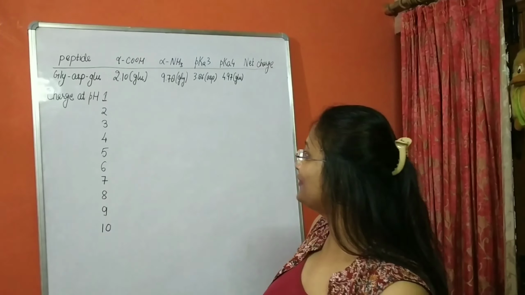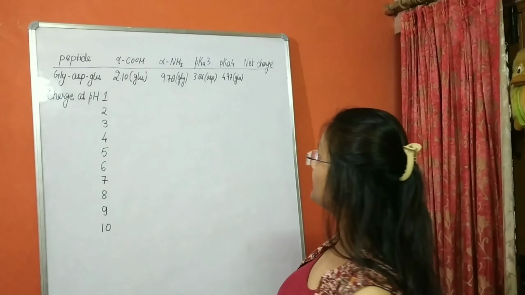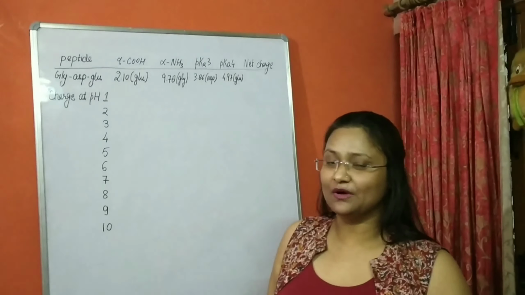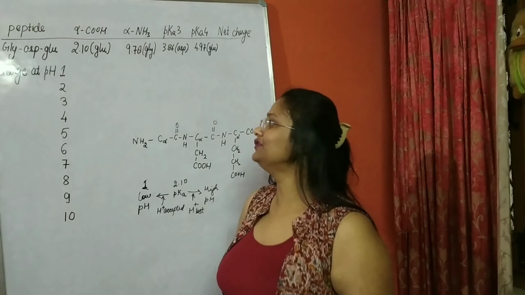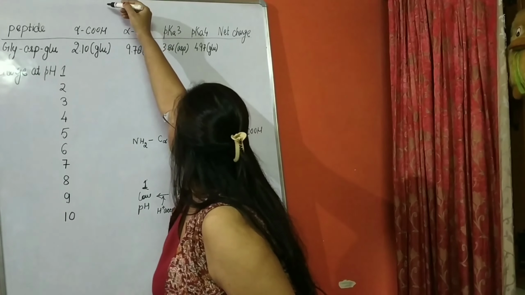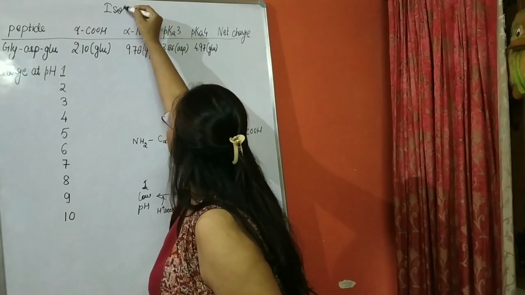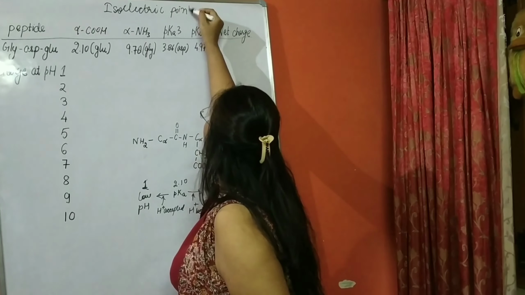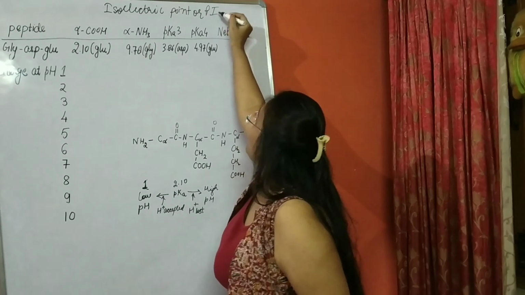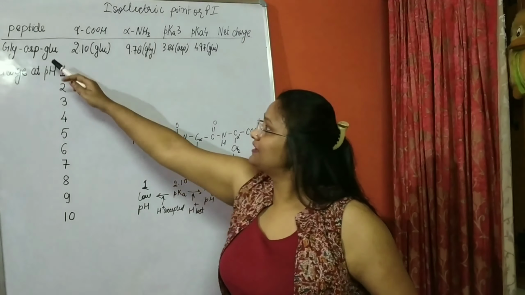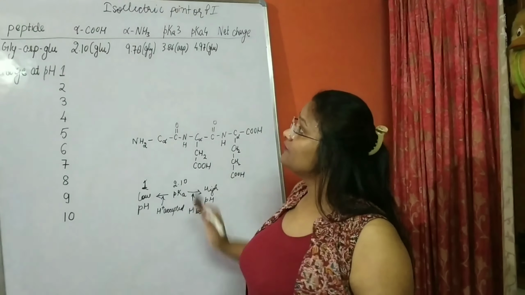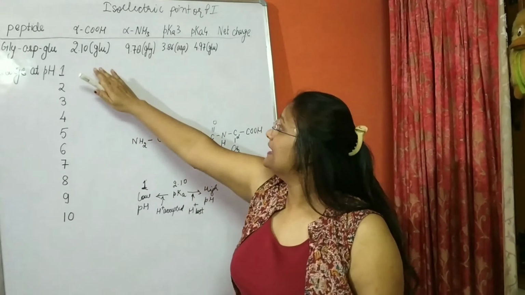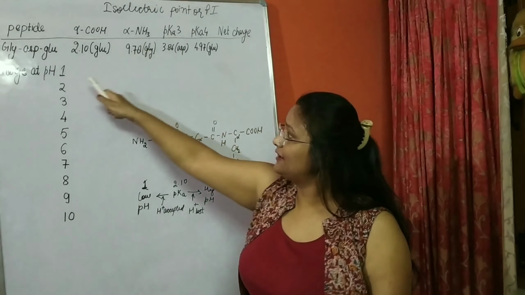So now let us find out the pI or isoelectric point of a peptide with glycine, aspartic acid and glutamic acid as its amino acids. Now if we want to find out the isoelectric point or pI of this particular peptide, then one by one we will keep this peptide at pH 1 and find out the net charge at pH 1.